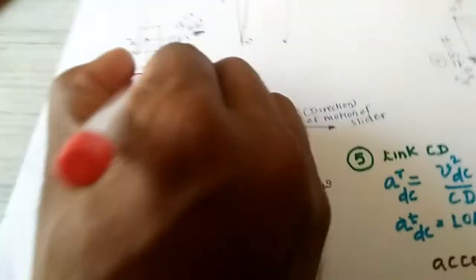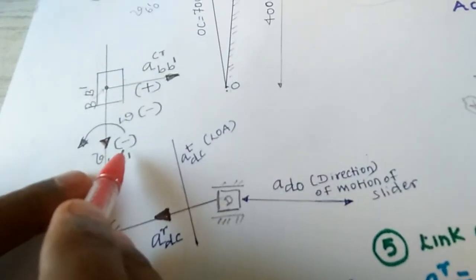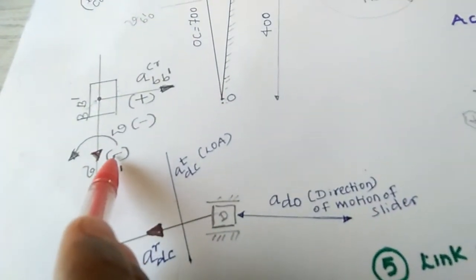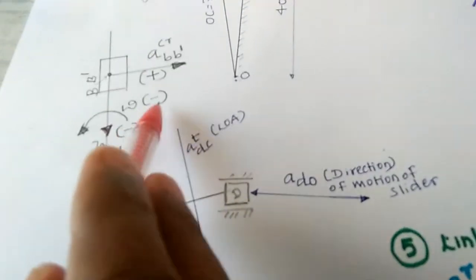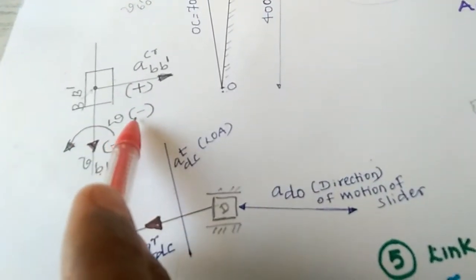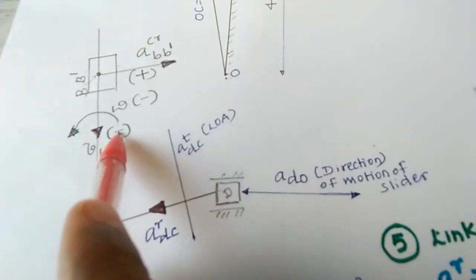Here also I have drawn it. Can you find it? The same thing I replaced here only. B dash. Look at the very previous video. When it is a downward direction I have taken it as negative. Then the angular acceleration is also negative, because the anti-clockwise is negative.